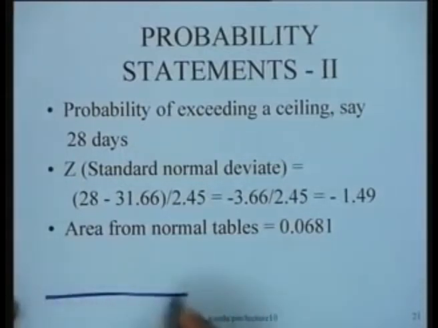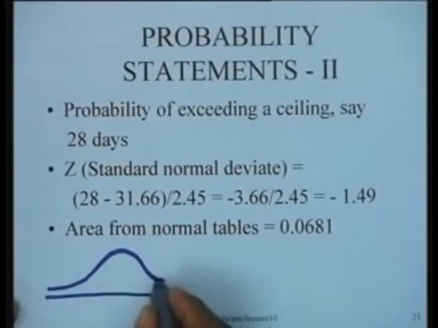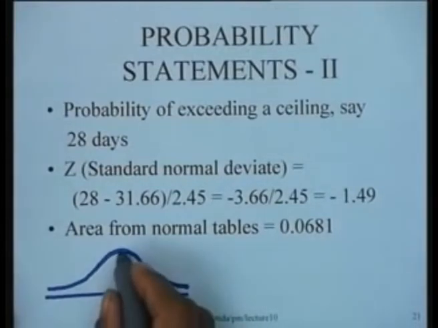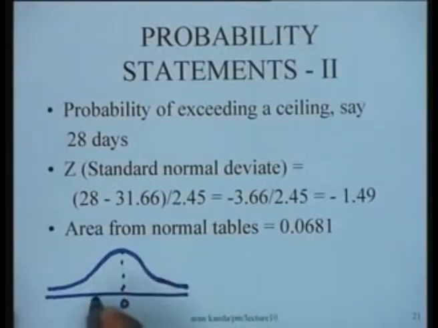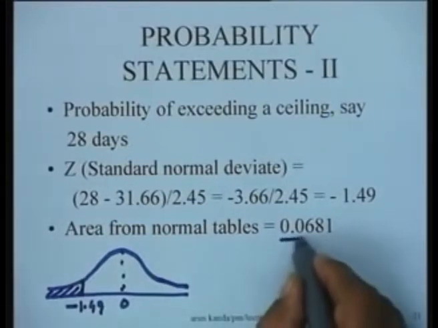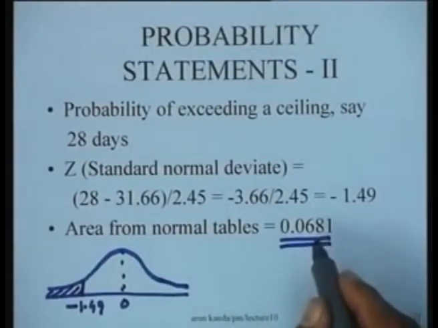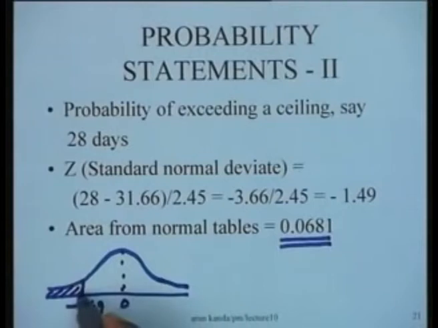What we have in this particular situation is a standard normal distribution, and this is the 0 value, and minus 1.49 would be somewhere here, and we are actually looking for this area to the left of minus 1.49, which is barely 6%, 6.81% of the entire area. So corresponding to this, we can say, this is the probability that this is less than this.